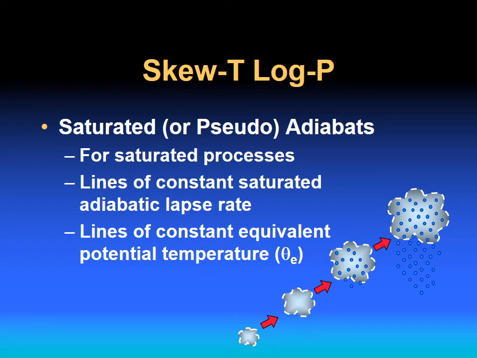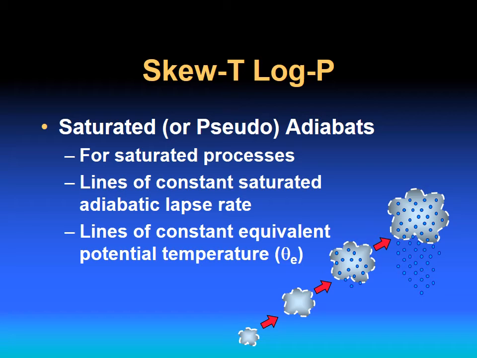We also plot on the charts saturated or pseudo-adiabats, and these are lines of constant equivalent potential temperature. These are for saturated adiabatic processes, meaning that if the air is saturated, it'll follow that lapse rate. And the lapse rate changes depending upon the amount of moisture in that parcel of air. Now, this is a saturated parcel.